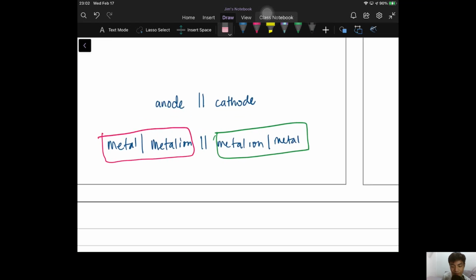On the cell notation, the anode and the cathode are separated by two vertical lines. Two vertical lines represent the salt bridge. So in writing your anode, that will be metal, vertical line, metal ion. Then in writing your cathode, that will be metal ion, vertical line, metal.